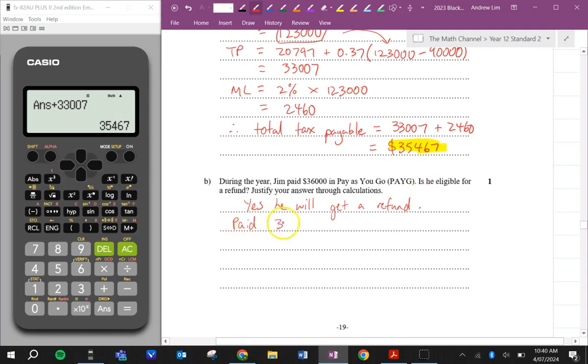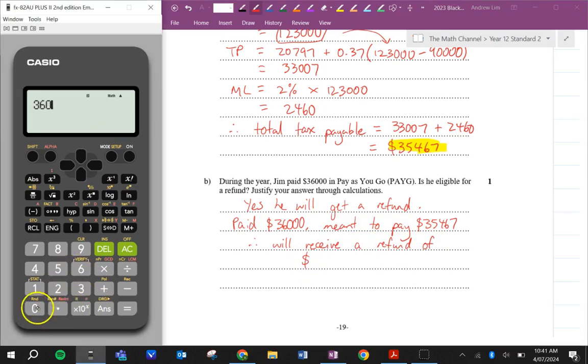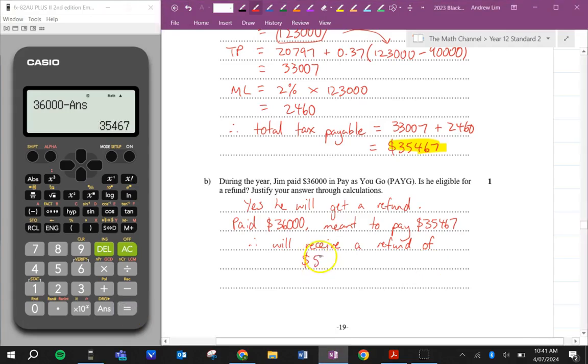Paid $36,000, meant to pay $35,467. Therefore, will receive a refund of $533.